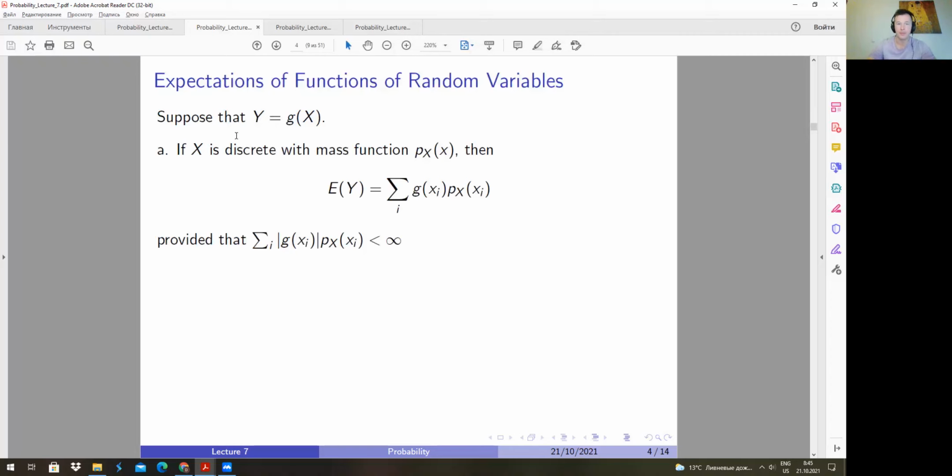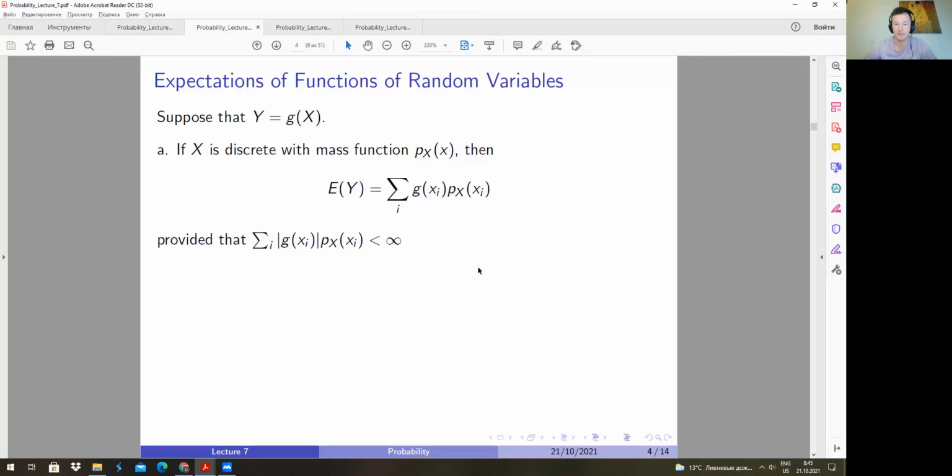Now, how do we calculate the expectation of this transformation? For the discrete case, we do exactly the same thing. Only one difference: instead of x itself, I am taking this transformation of x. The rest is absolutely similar to the usual calculation of expectations.